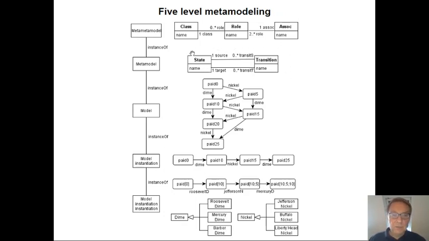So when I would represent this class diagram with this metamodel, I would obtain 2 class objects, 4 role objects, and 2 ASOC objects and the respective links here. So I can go 1 level higher to obtain a metamodel.